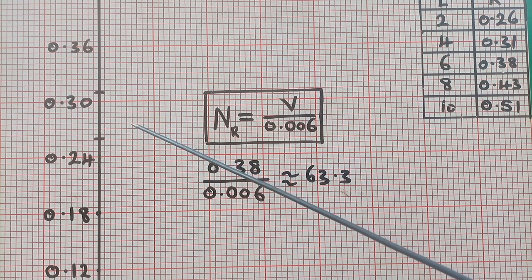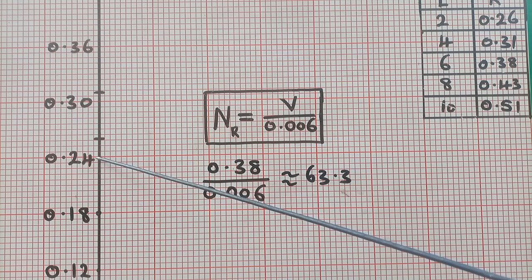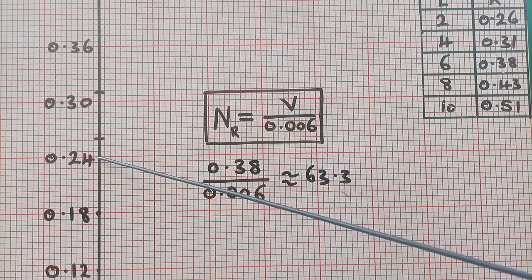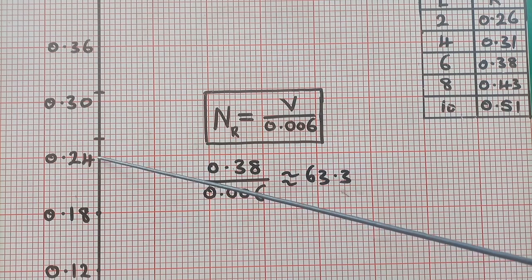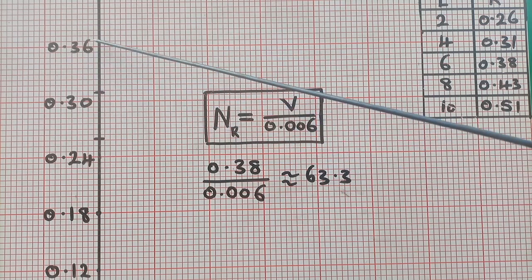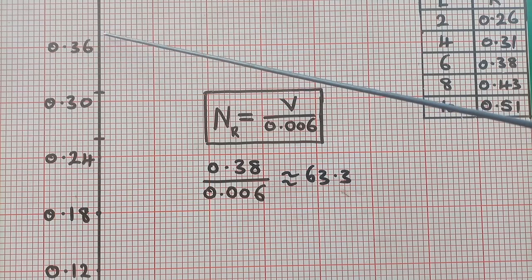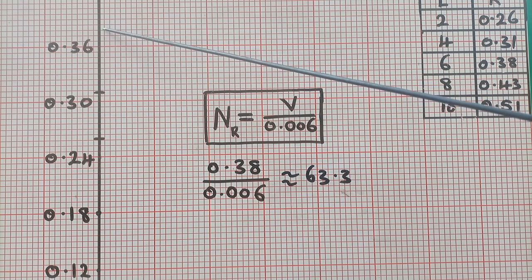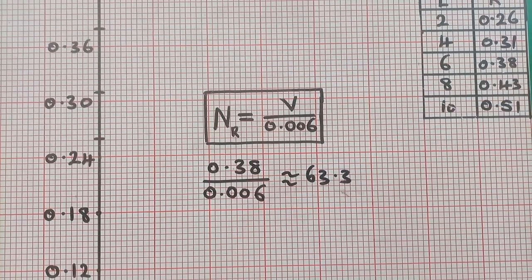Already, we know that when counting, this place corresponds to the 40th box. That means 50, 60. Next is what? 61, 62, 63. The next box will help us get 0.3. Let me mark it as usual. This is the position of this 0.38.